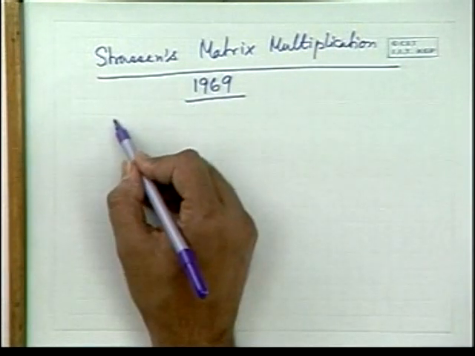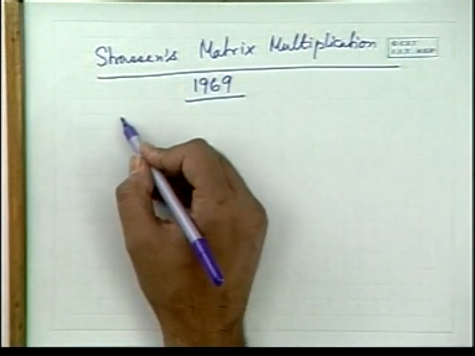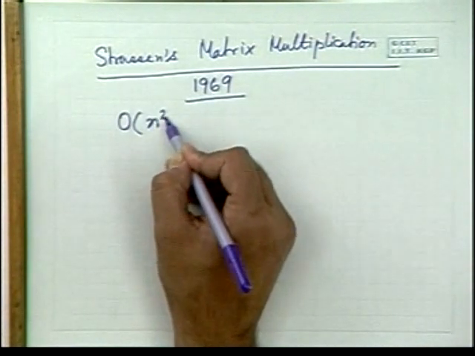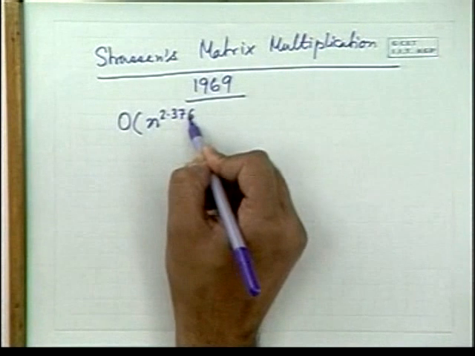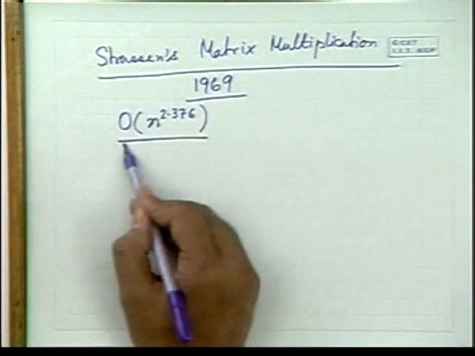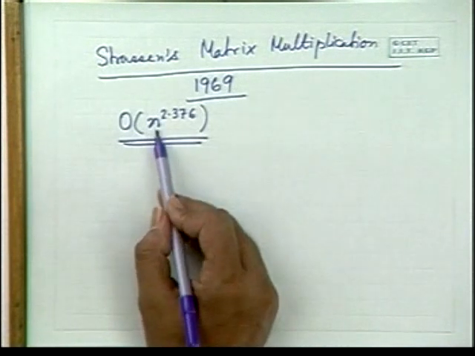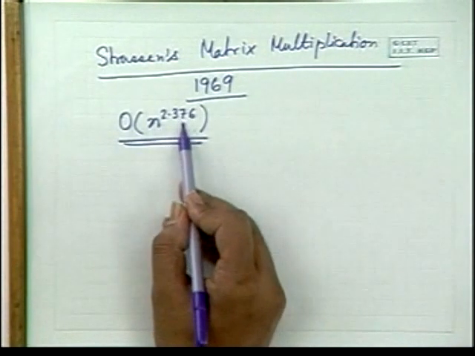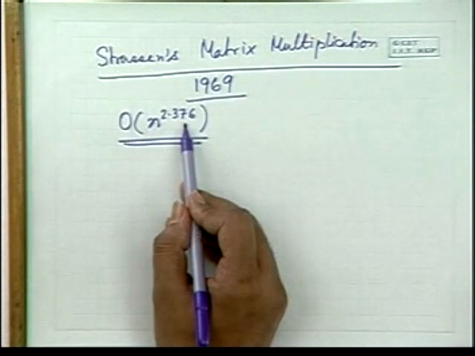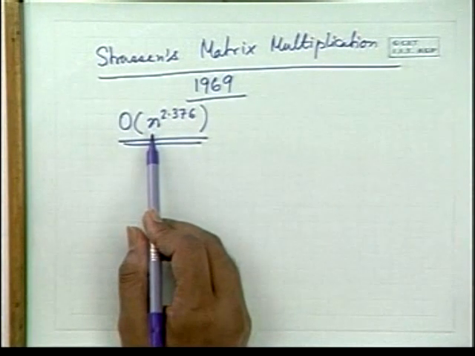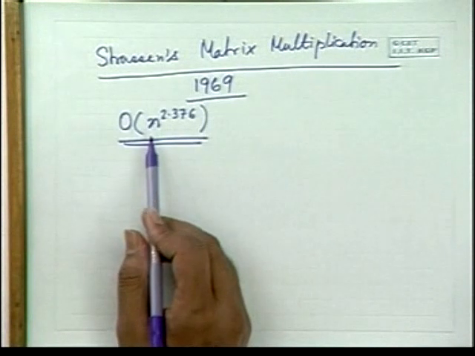Now there is an algorithm which we will not cover in this class that can do it in order n to the power 2.376. So right now there exists an algorithm which can do matrix multiplication in order n to the power 2.376. You can see 2.3 is quite good compared to n cube.